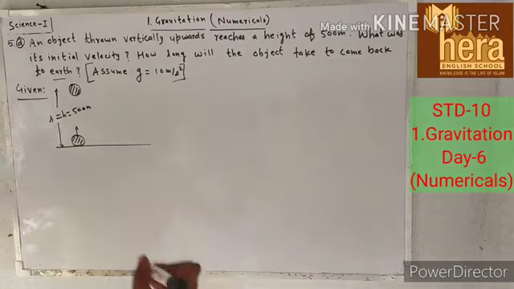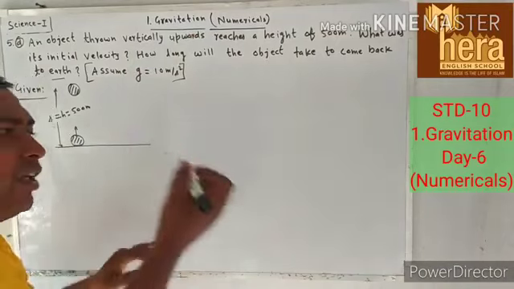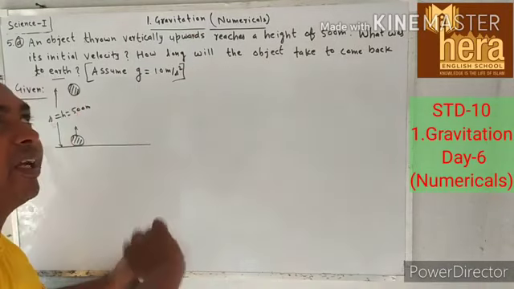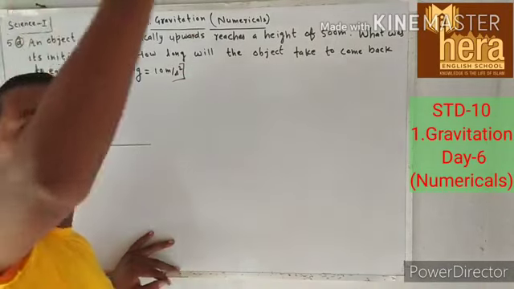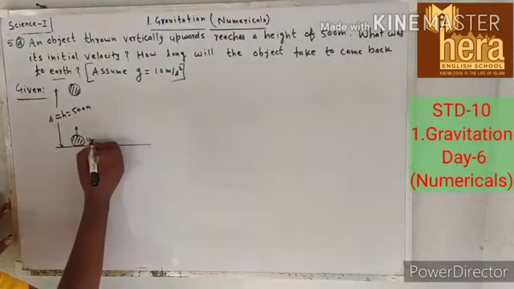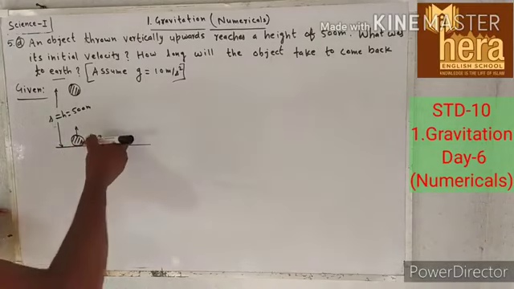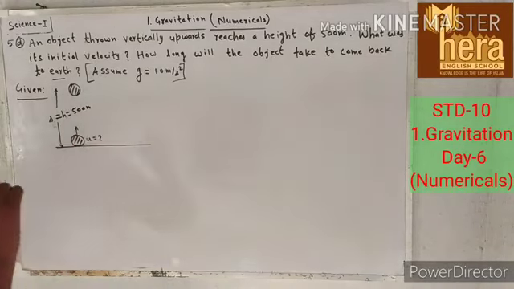Of course, if you throw any object vertically upward direction, then you have to give some initial velocity so that the object can move upward direction till a certain height. So u is equal to question mark. But always remember, after giving initial velocity u, at maximum height, it will come to rest.